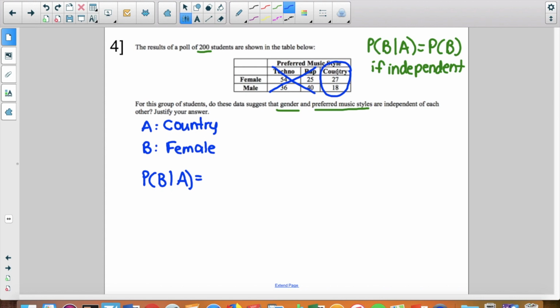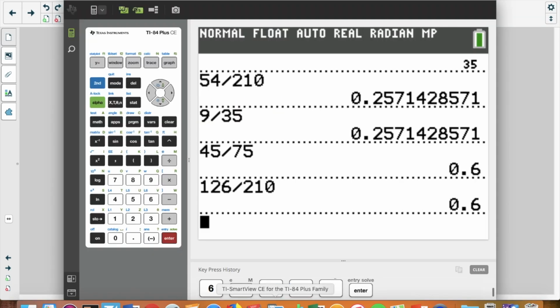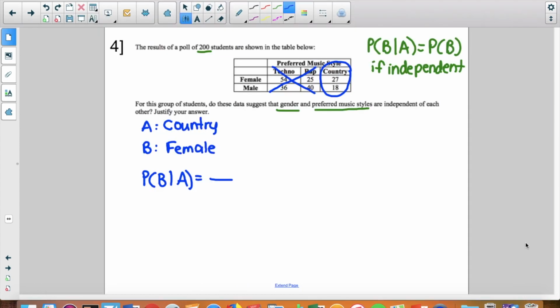The total number of country, we don't know that, so we have to add 27 plus 18, which gives us 45. That tells us 45 people out of the 200 chose country as their preferred music style, and we only are looking at the females, so I'm going to circle the number that represents the females, which is 27.